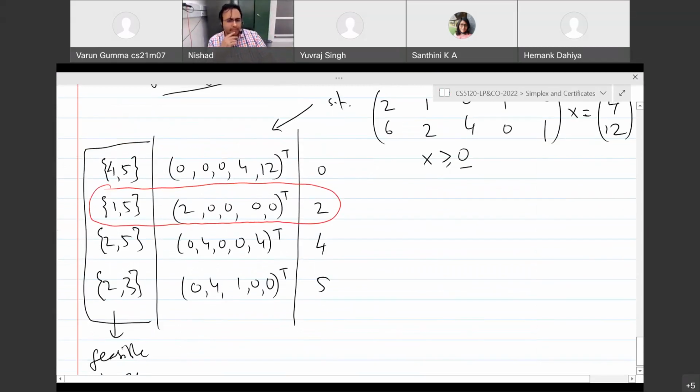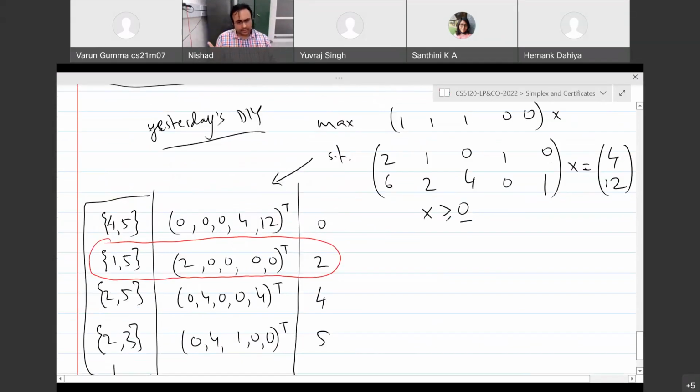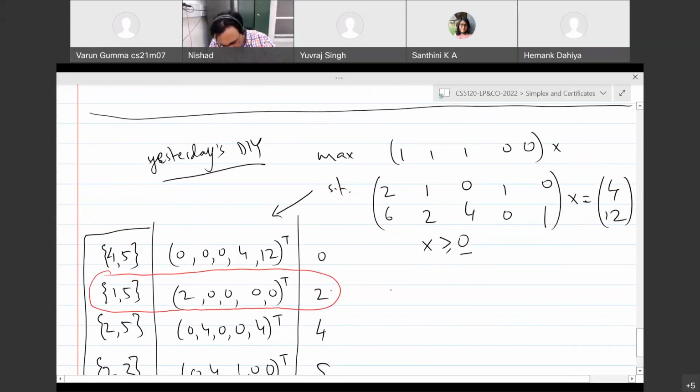Notice that here we have a basic feasible solution which also has 0 entries in one of the basic variables. Right? So those variables which are in the basis, we call them the basic variables, and the other variables, we are going to call them the non-basic variables at any step of Simplex. So notice that x bar n is 0, right?